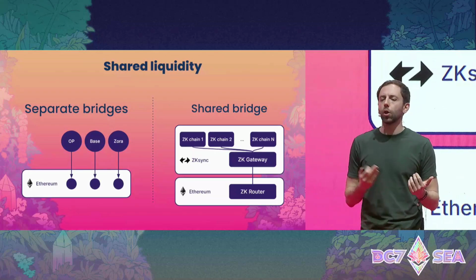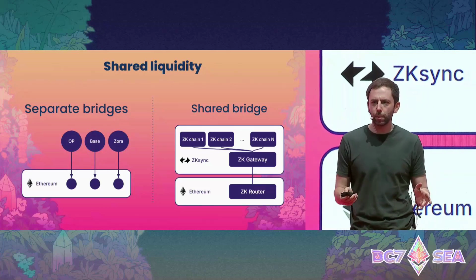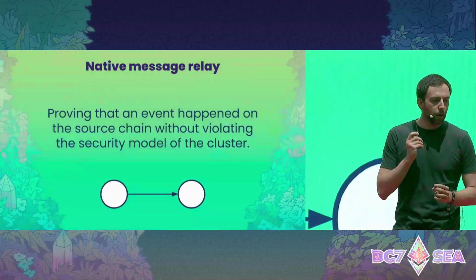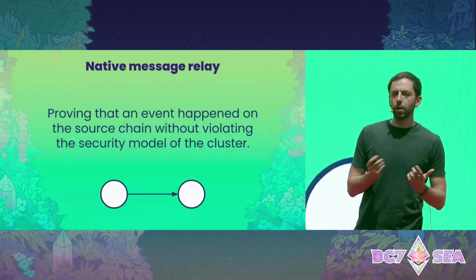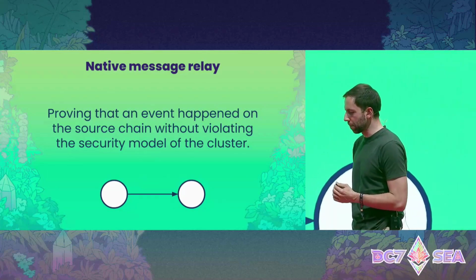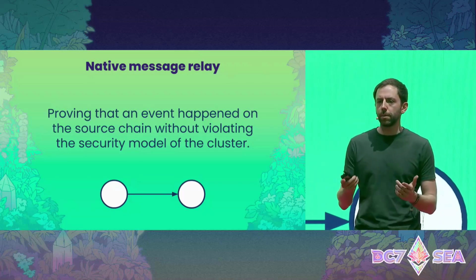But then it makes it a lot easier to withdraw everything from a single place. Both are valid approaches and not that contentious. The native messaging is a lot more interesting. This is actually where we will see the largest divergence in 2025 and the biggest trade-offs being made.